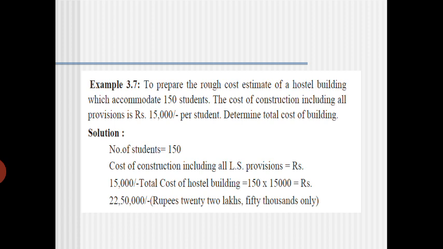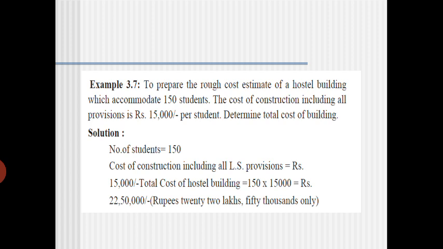Prepare the rough cost estimate of a hostel building which accommodates 150 students. The cost of the construction including all provisions is Rs 15,000 per student. So determine the total cost of the building. Then it is very simple, the total number of students is there, and the cost of construction including all provisions is 15,000. Then the total cost of the building is equal to 150 into 15,000.